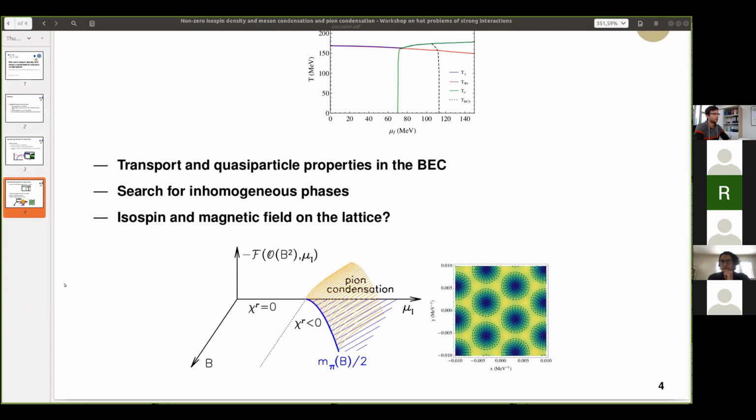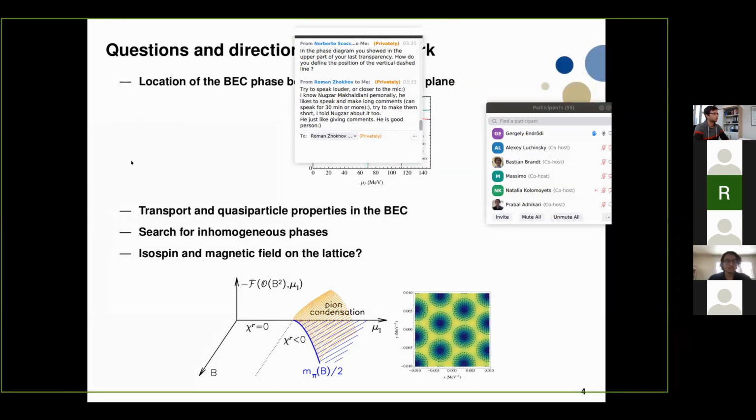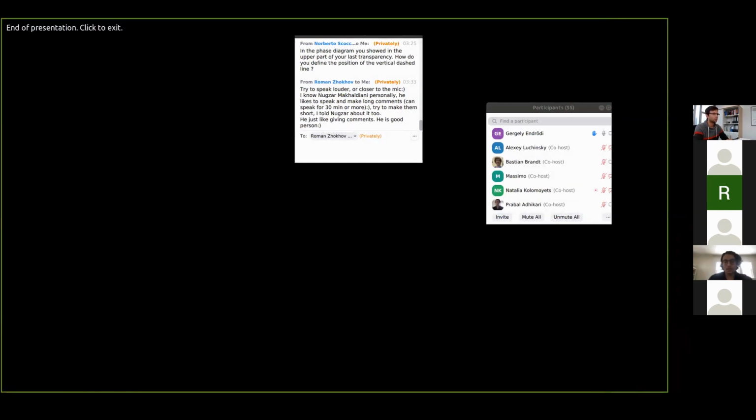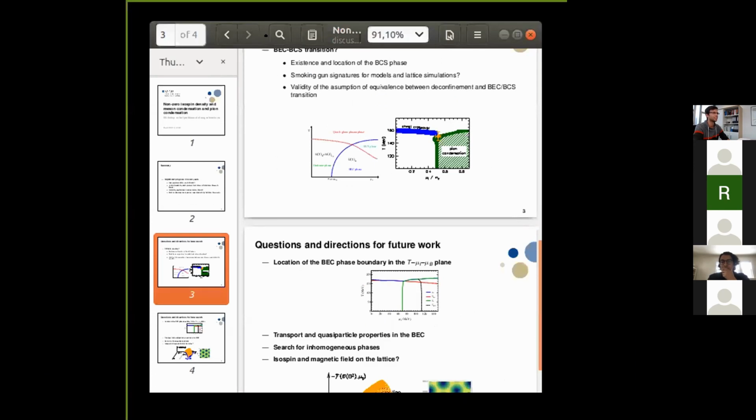That's a good point that Prabal mentioned, that there's this non-commutativity of the two limits, whether you first consider the B and then the pions, the chemical potential, or the other way around. And that's also something that you said, Jens, that on the lattice we might set the two charges of the quarks equal, and then there is no sign problem even if there is a magnetic field and the chemical potential present.